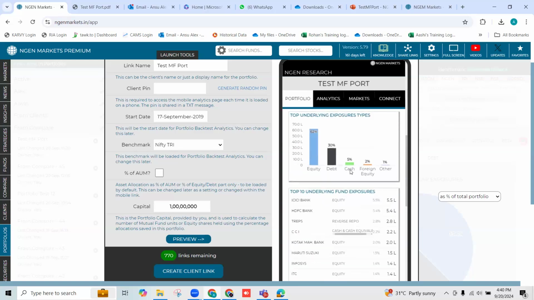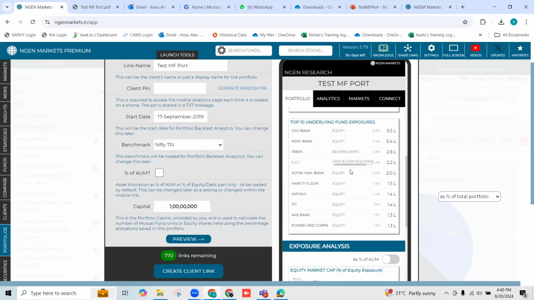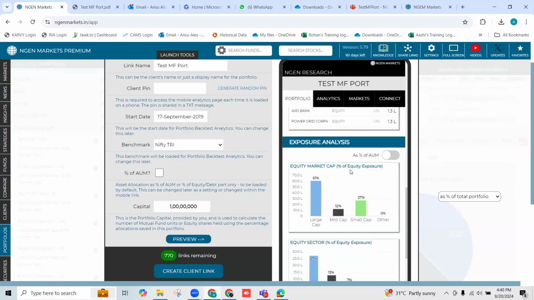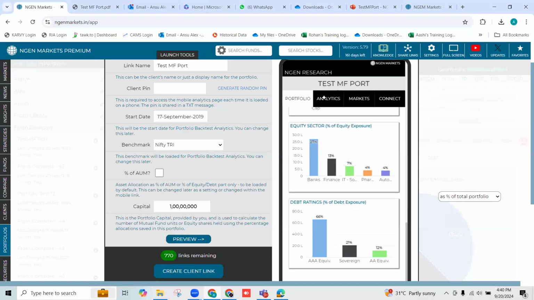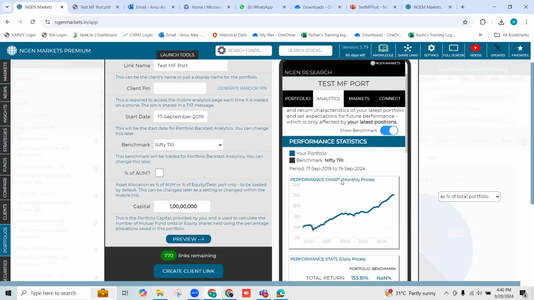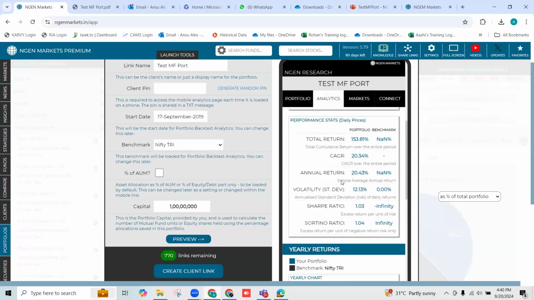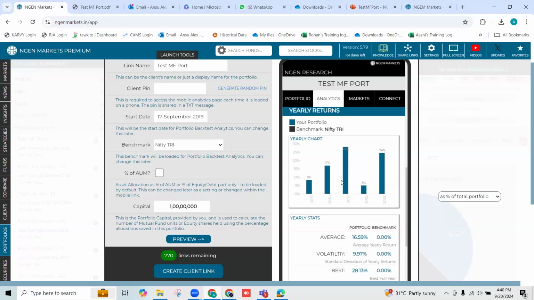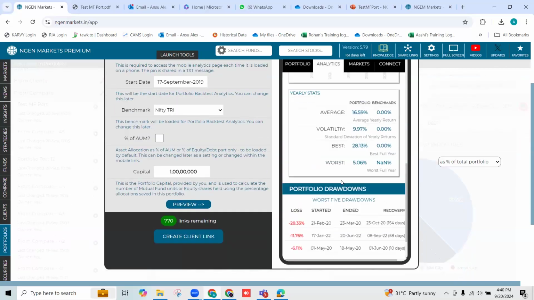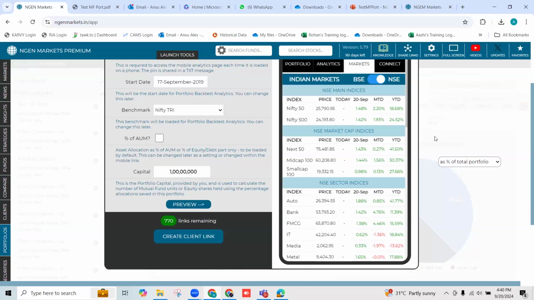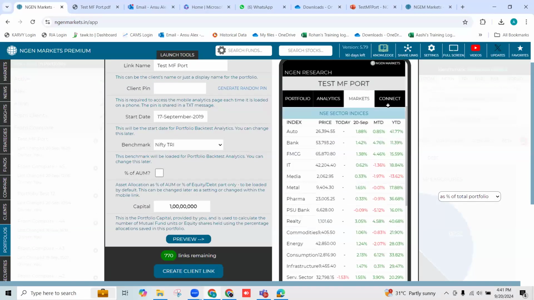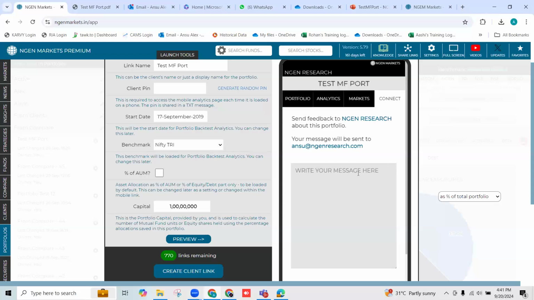Basic details of the portfolios, the exposures, how has the portfolio performed, the analytics against a benchmark, and the markets data. Additionally, if the client requires to input any data, they could type in a message and it would be received on your respective email ID. The one that is registered on NGEN, that is something that you would receive it on.